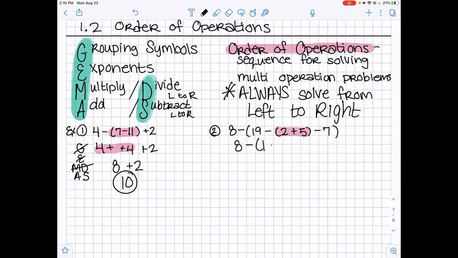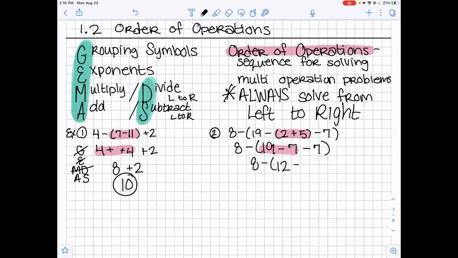So now this says 19 minus 7 minus 7. We're still working on the parentheses. So what should I do next? 19 minus 7, so now I have 8 minus, what's 19 minus 7? 12. And then I still have that minus 7 on the end.